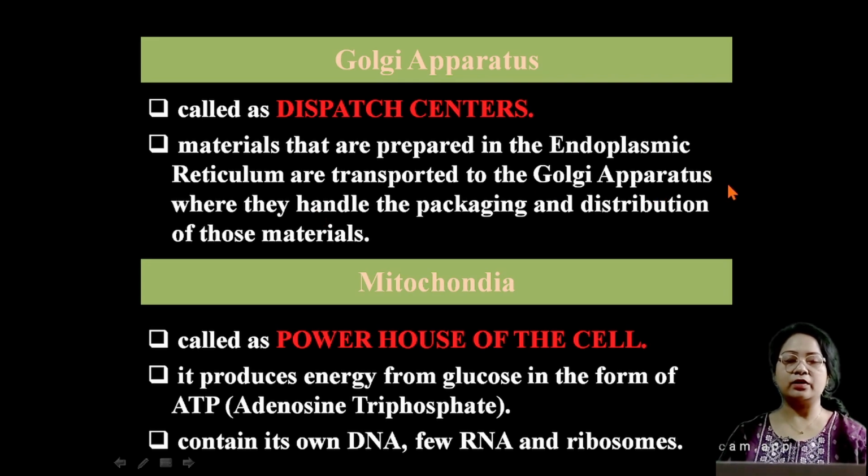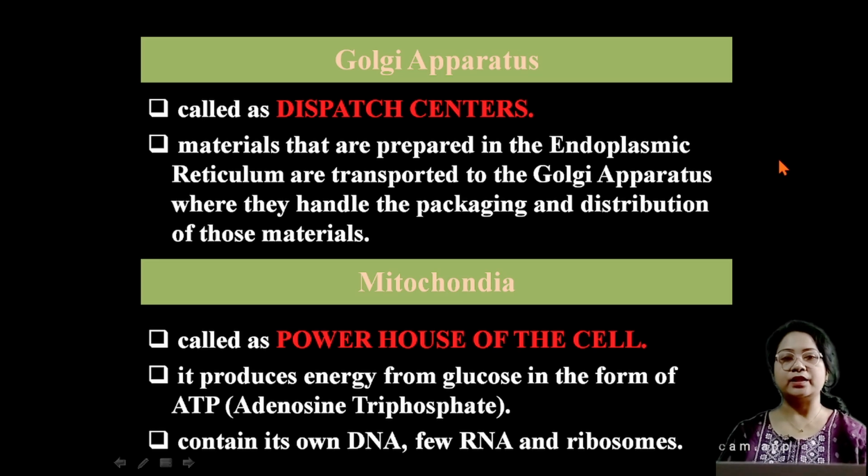Okay, so please do not confuse between these two words. So what do they do? They handle the packaging and distribution of those materials. Those materials that reach the Golgi apparatus, they handle very carefully, and then they do the packaging of those materials, and then distribute them wherever essential, to all those organs or parts that require them.